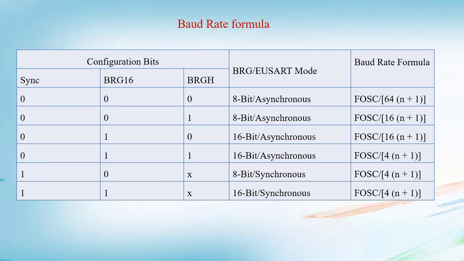For that, the baud rate formula is FOSC divided by [64 (n + 1)]. If SYNC equals 0, BRG16 equals 1 and BRGH equals 0, then 16-bit asynchronous mode is selected. At that time, the baud rate formula we have to use is FOSC divided by [16 (n + 1)], and so on.